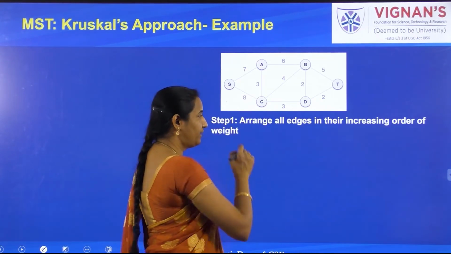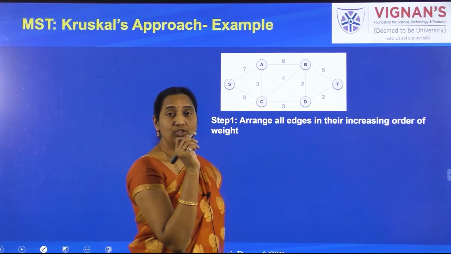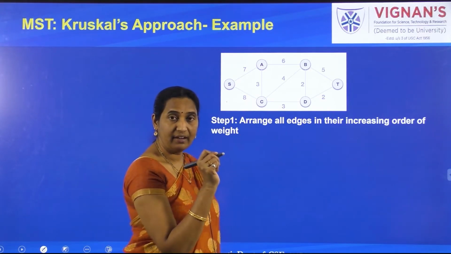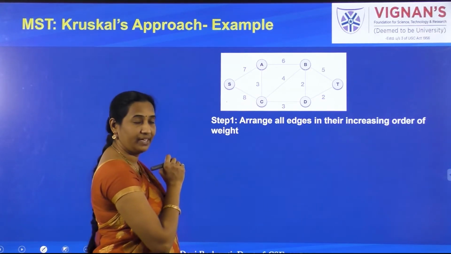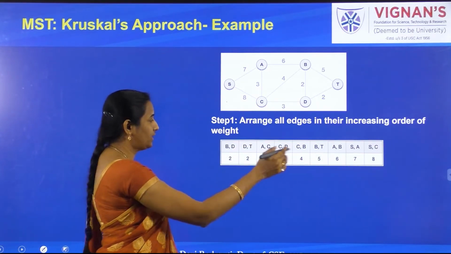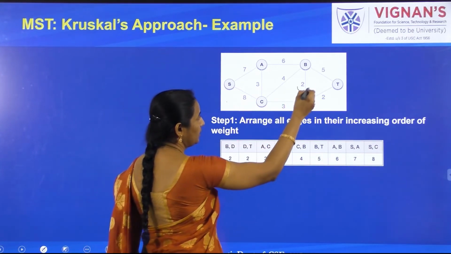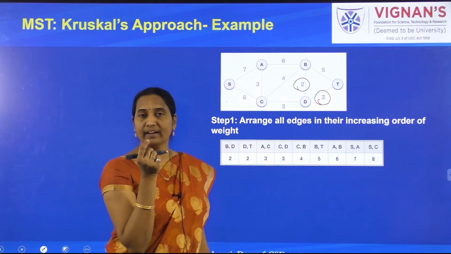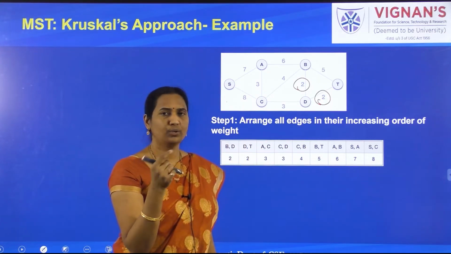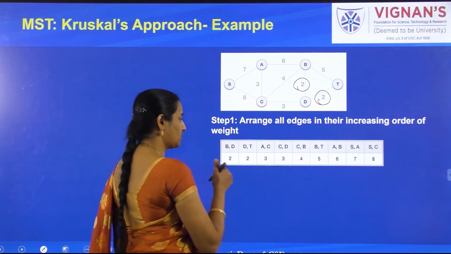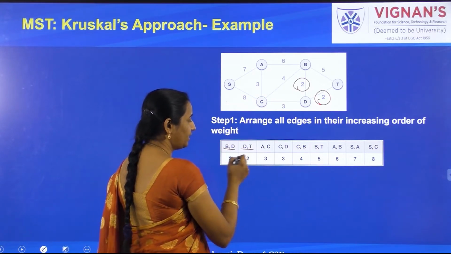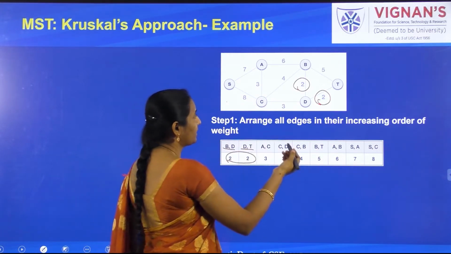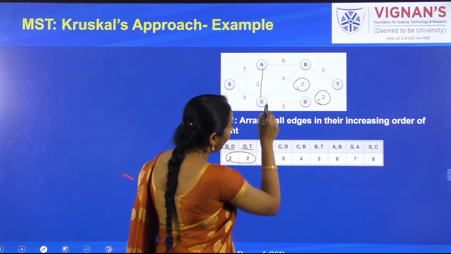Now the first step is to arrange all the edges in the graph in increasing order of their weights. I have sorted all the edges. The least cost ones are BD and DT. Whenever there is more than one edge with the same cost, you can randomly choose one among those edges. So I have taken BD first, then DT, which have the least cost, and the next least cost are AC and CD.